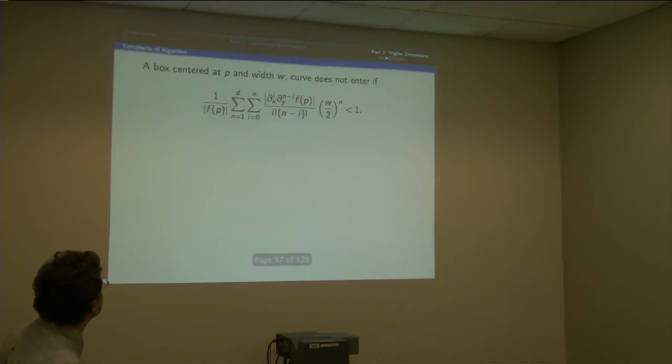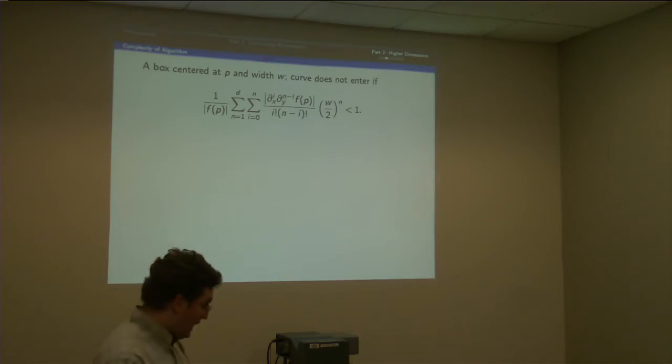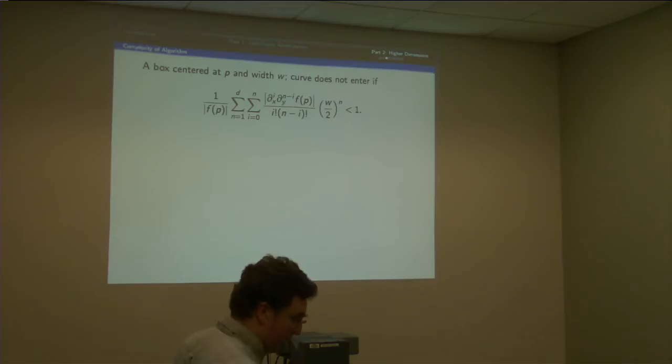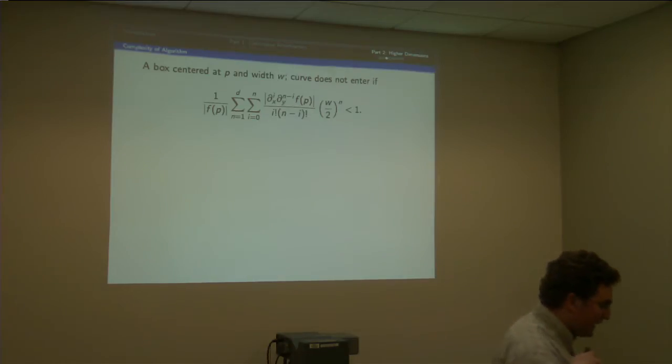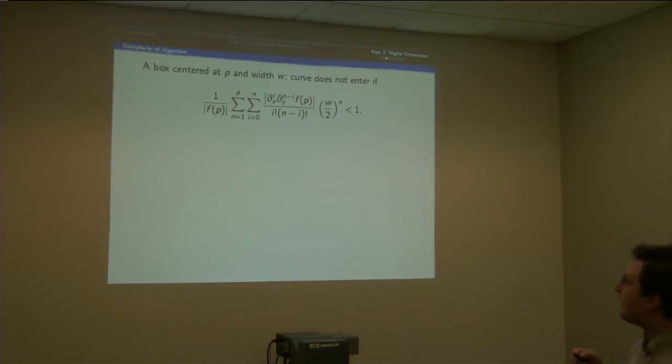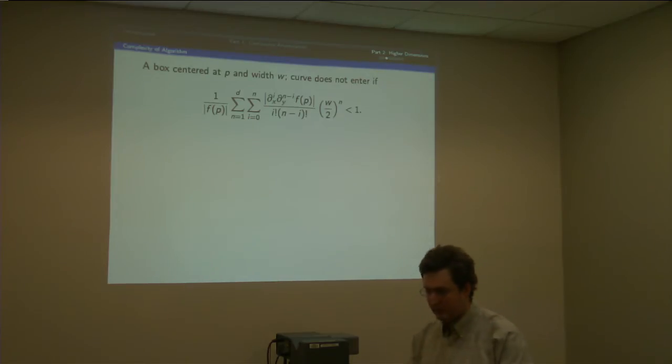Geometric. Okay. So I'll tell you a little bit about where this comes from, but I'm not going to do too much. If I go back to the C0 test, remember that was 0 not in box of f, if box of f is computed by interval arithmetic using the centered form for the function evaluation.